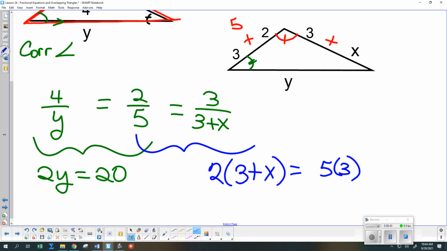So has everybody gotten y? Someone puts y. Everybody agree 10 for y? So y is 10. And then for the other one, we need to be just a little bit careful. The 2 has to be multiplied by the entire 3 plus x, so make sure you distribute it.